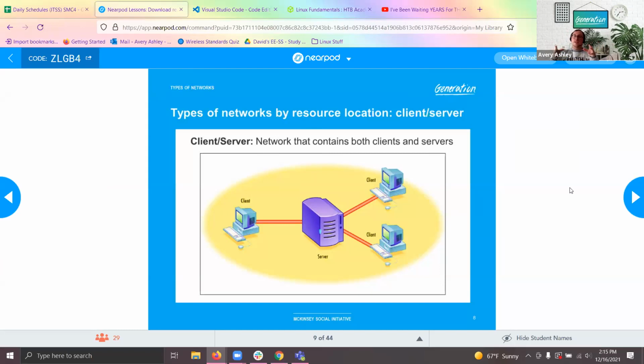So all of the information is stored in a central location. Password management, emails, and files can all be stored on this central server and shared across the network instead of having to be on each individual computer. This is very handy, especially in an enterprise setting.